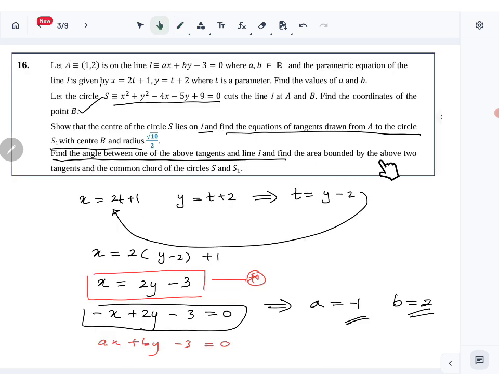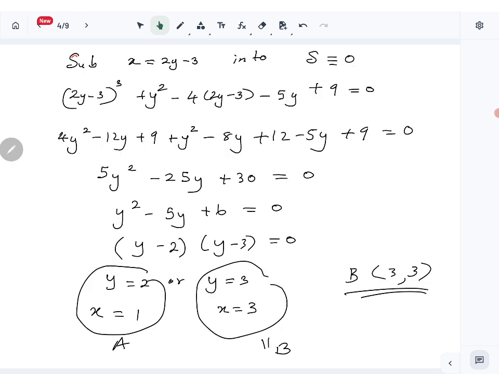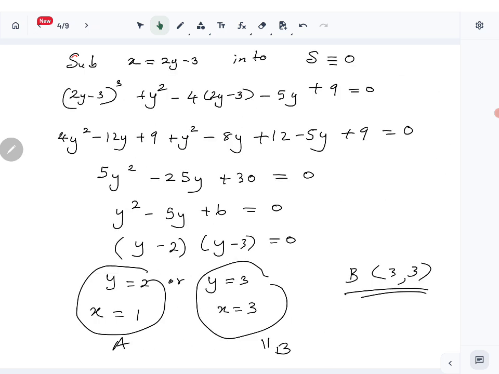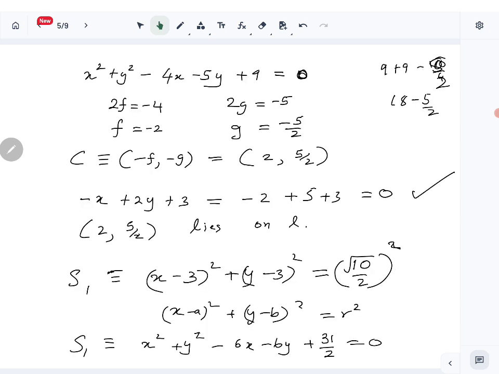Then find the area bounded by the above two tangents and the common chord of circles S and S1. So we have to first find the common chord of S and S1. That is S minus S1. We found both circles, the circle equations. S1 is here and S is given to us.